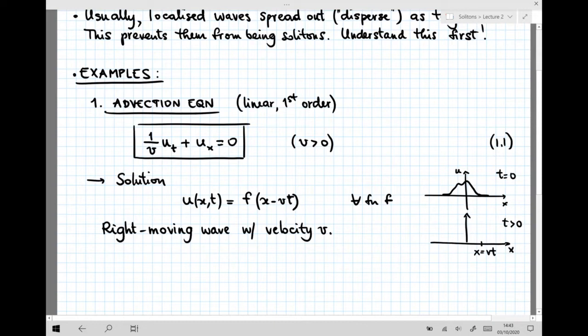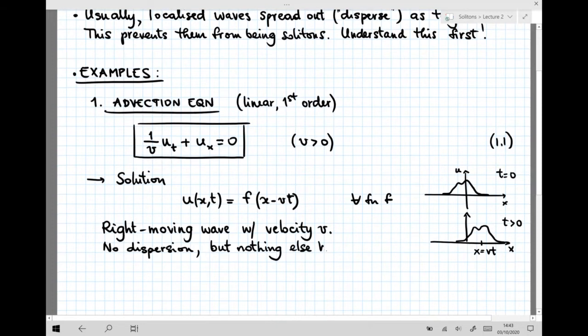But the profile will be the same because the function f is fixed. So the solutions of this equation display no dispersion. The initial localized wave didn't spread out at all. But at the same time, nothing else happens either. So this is not particularly interesting for our purposes.